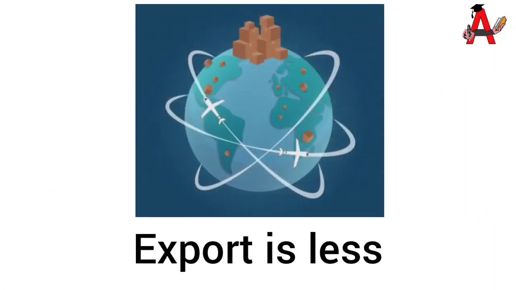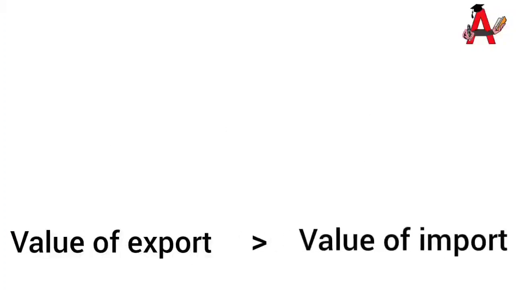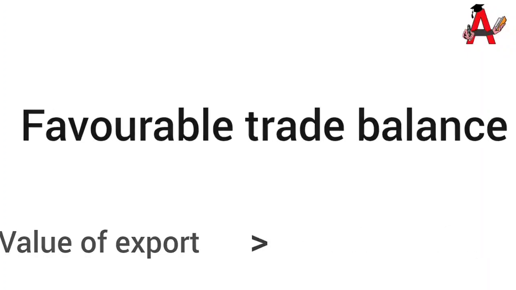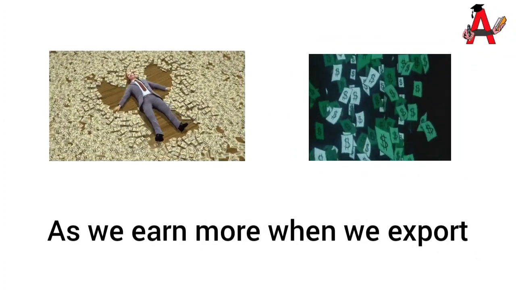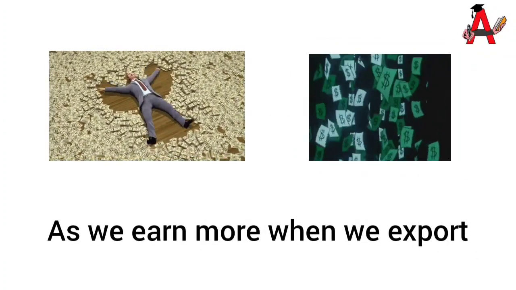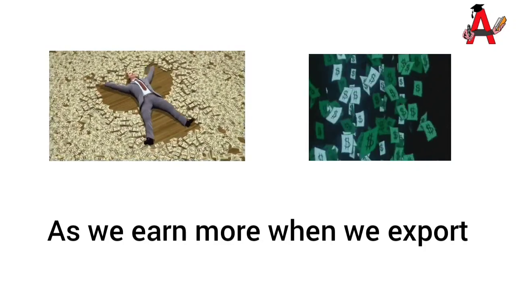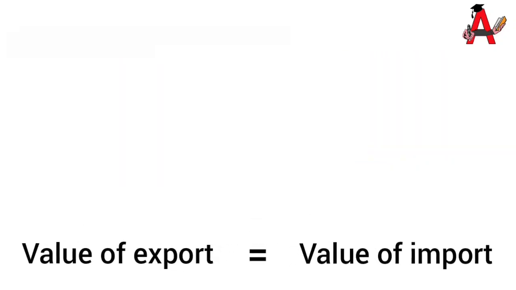That is unfavorable. When the value of export is more than the value of import, it's called favorable trade balance, as we earn more when we export. Whereas when the value of export and import are almost the same, it's called balanced trade.